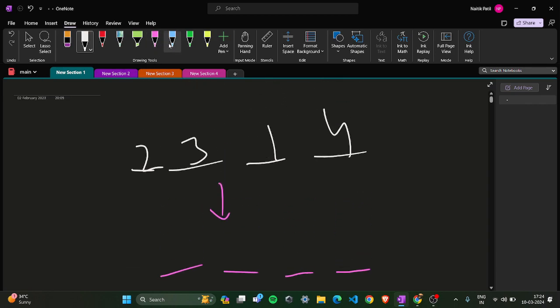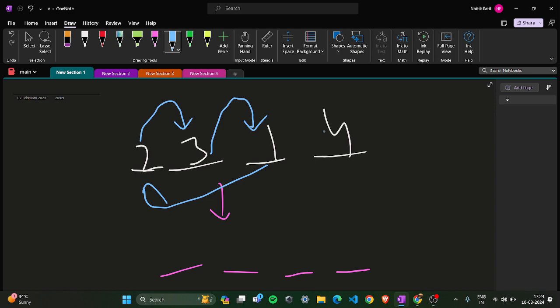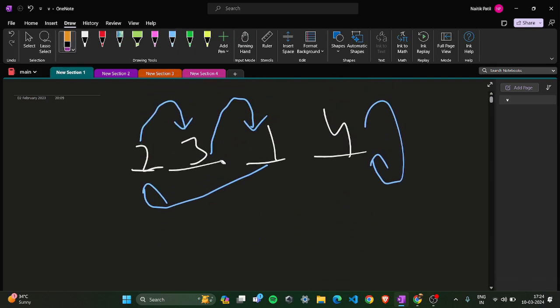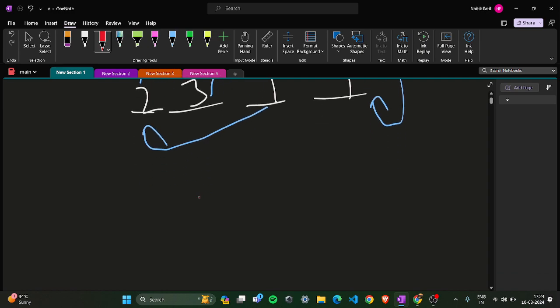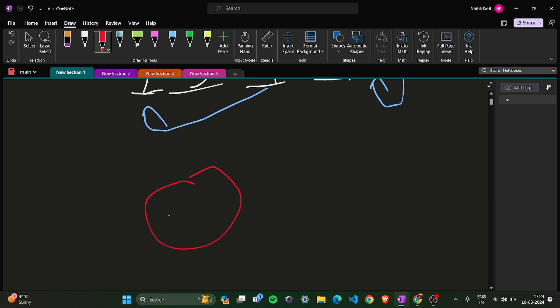So in this case, to make the identity permutation, 2 needs to be at the second place, 1 needs to be at the first place, and 3 needs to be at this place, and 4 is at its position, so it doesn't matter. So here our permutation is divided into multiple connected components, multiple cycles we can say. This cycle is like this, and there's just a self loop here.